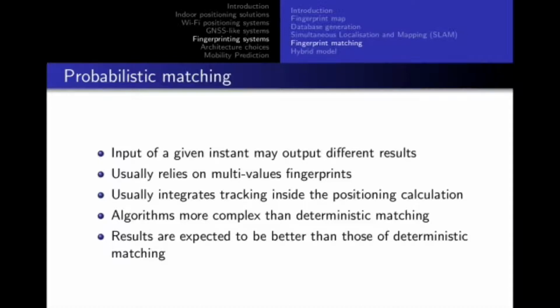It usually integrates tracking inside the positioning calculation, which gives a lot of probabilistic behavior. The algorithms are more complex than the deterministic matching, and results are expected to be better than those of deterministic matching.